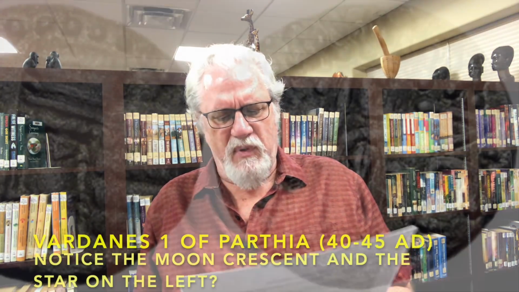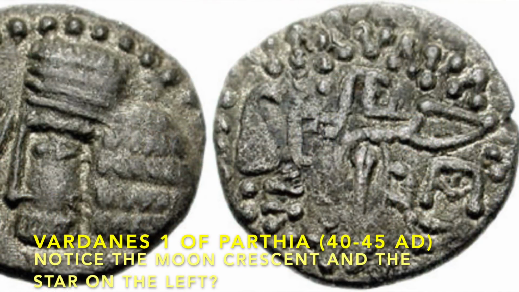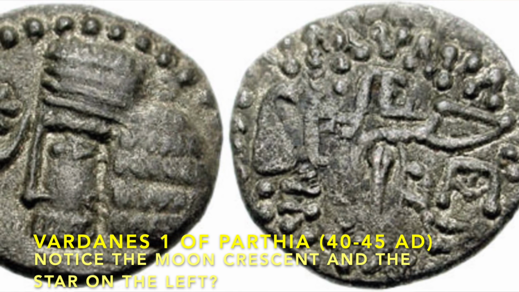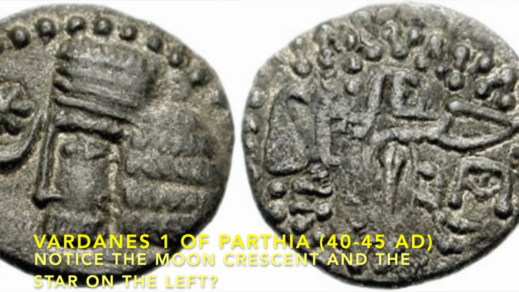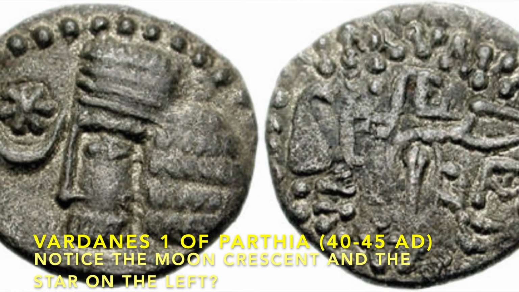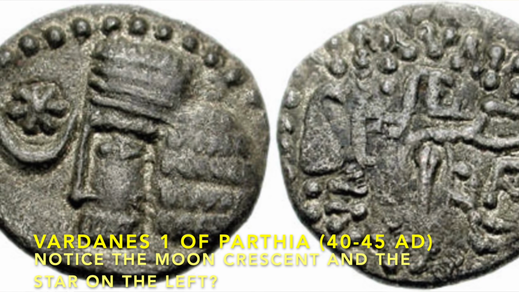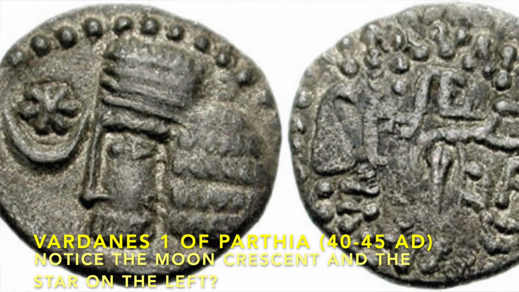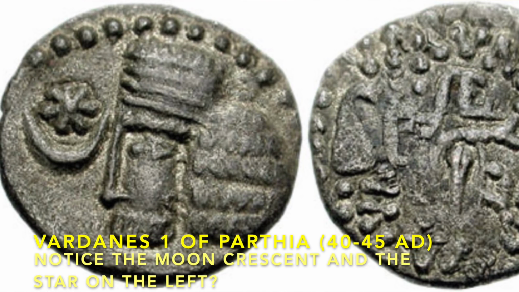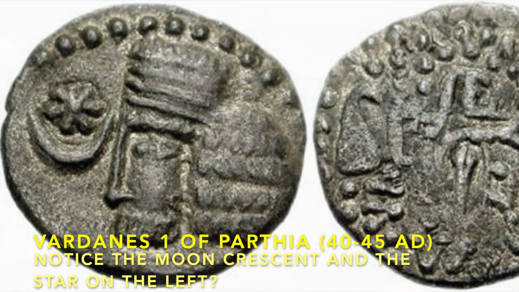Let me give you an example of this coin. Look at this coin here. Here's a coin of Vardanes the First of Parthia, 40 to 45 AD, with the moon and the crescent. On the left, that's the front side, and then on the reverse side, you see them side by side. There you can see the star and the crescent, and that's the 1st century AD. He is a Persian, and this is a well-known Persian symbol. It's been used for centuries, from the 1st century BC.